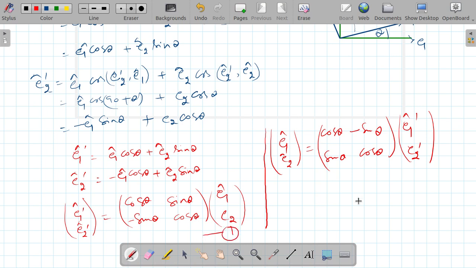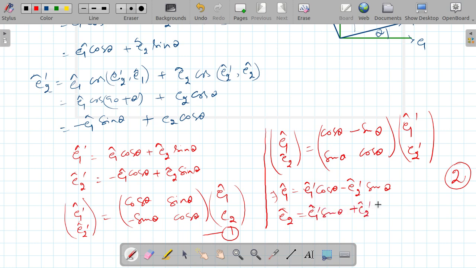Let me call the first equation number 1 and this equation number 2. This may also be written as E1 equal to E1 prime cos theta minus E2 prime sin theta, and E2 equal to E1 prime sin theta plus E2 prime cos theta.